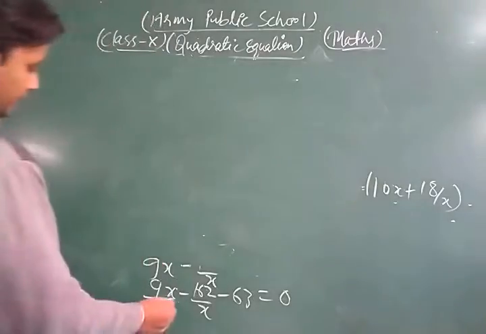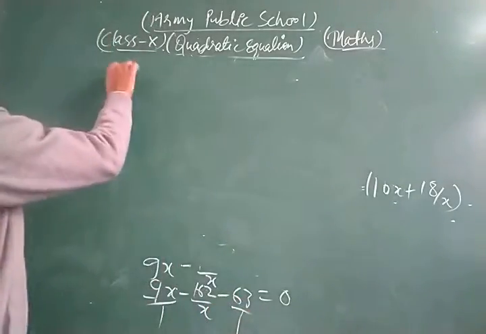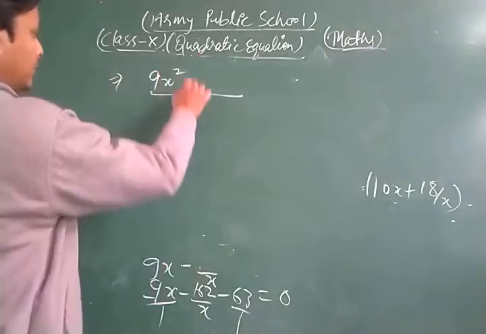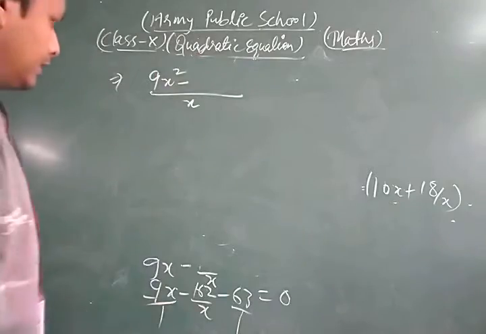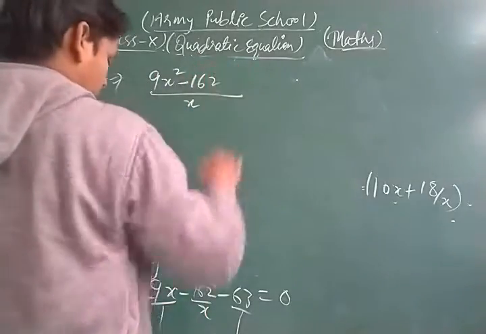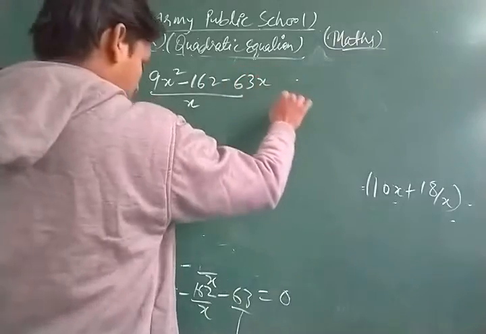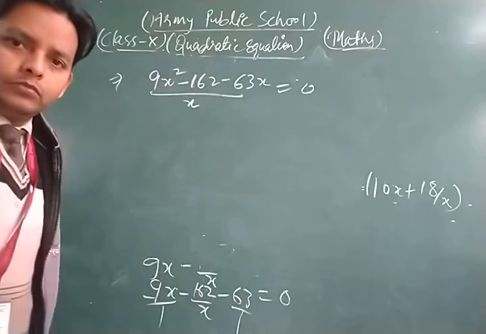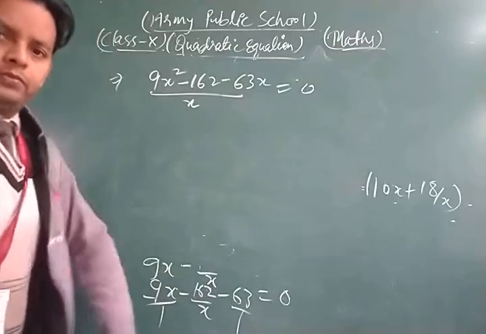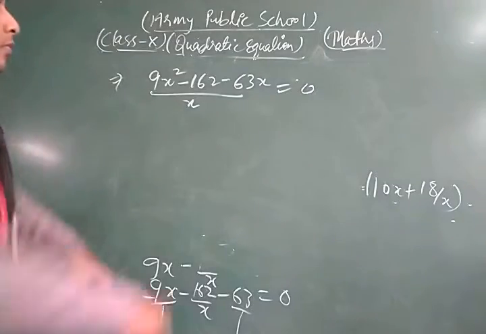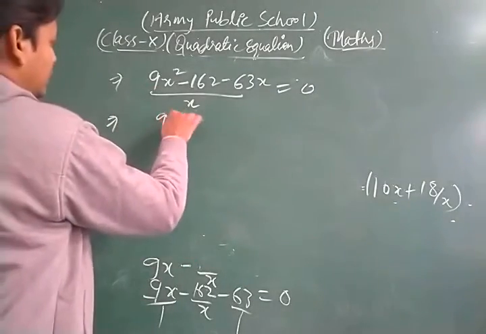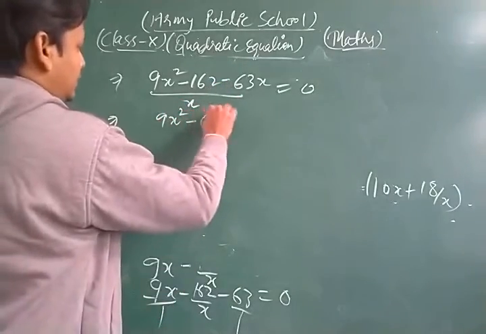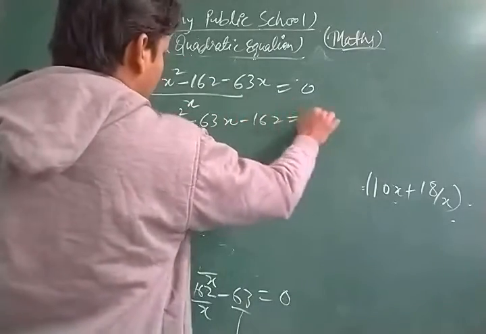Now we take x as the LCM, so this is 9x square minus 162 minus 63x is equal to 0. So this is 9x square minus 63x minus 162 is equal to 0.